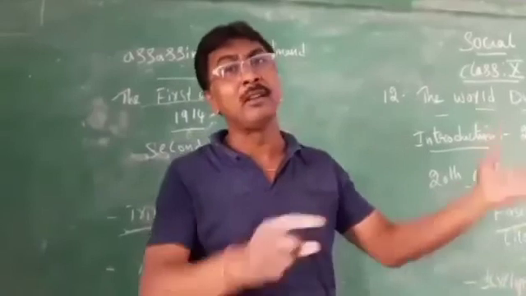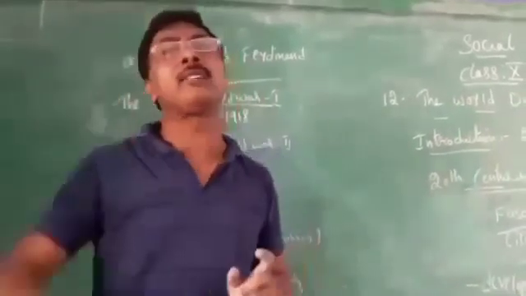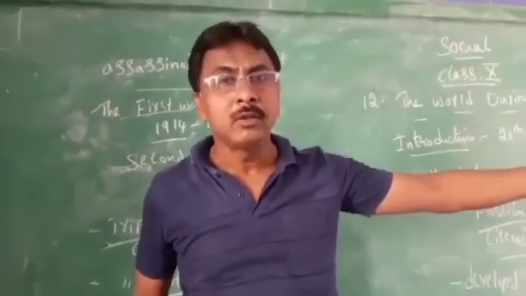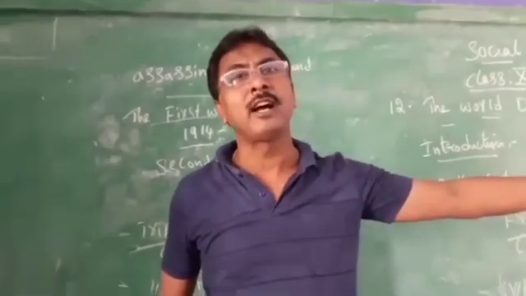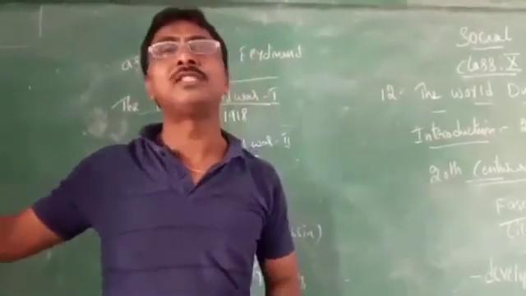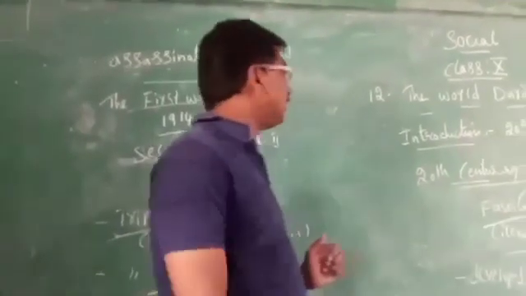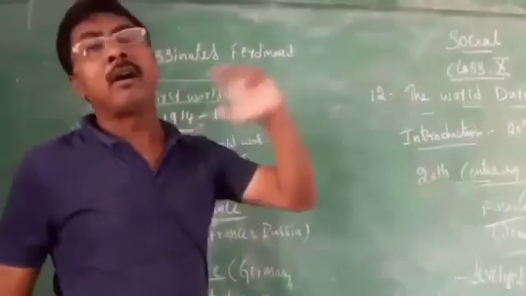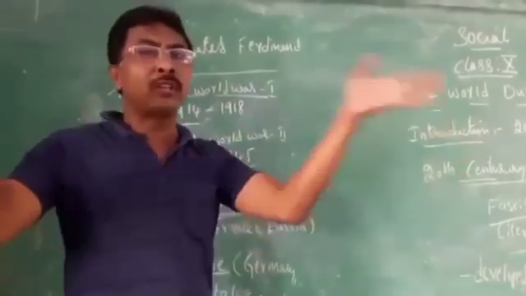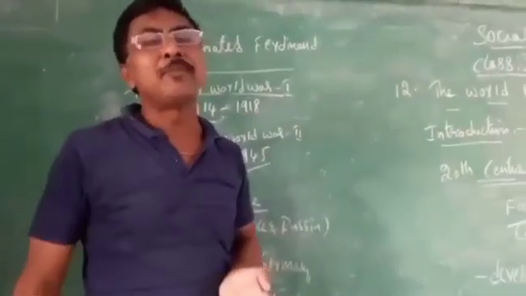Give us a reply within 48 hours. They did not give the reply within 48 hours. So these people declared war on Serbia. Then a lot of countries joined, and it became a world war.